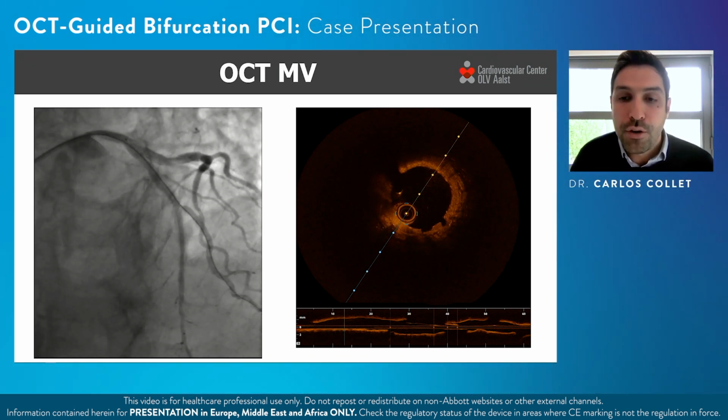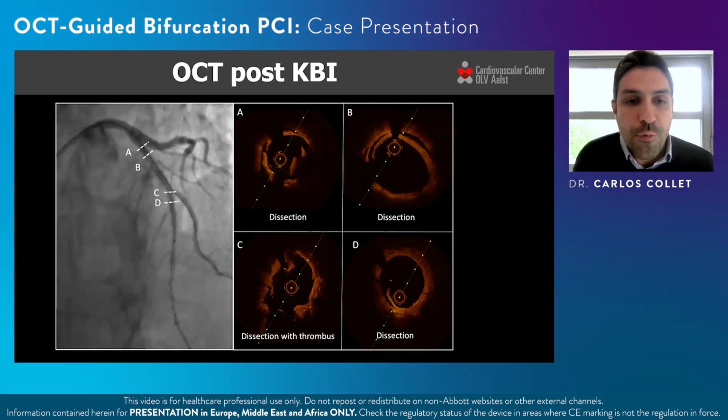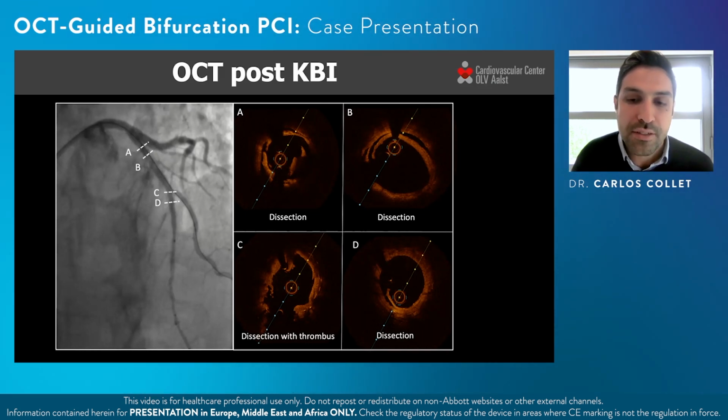This is the run of the OCT. And when we look at the still pictures, this is what we observe. If we start from the distal part of the vessel at cross-section D, you can identify some of the previously implanted struts, and we have a small dissection at 6 o'clock.